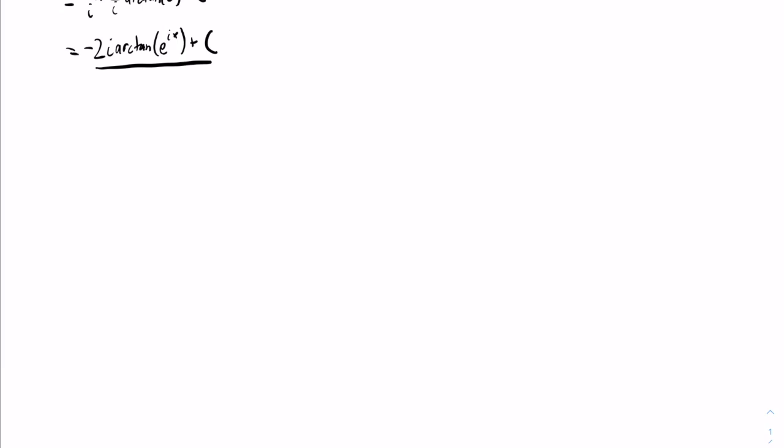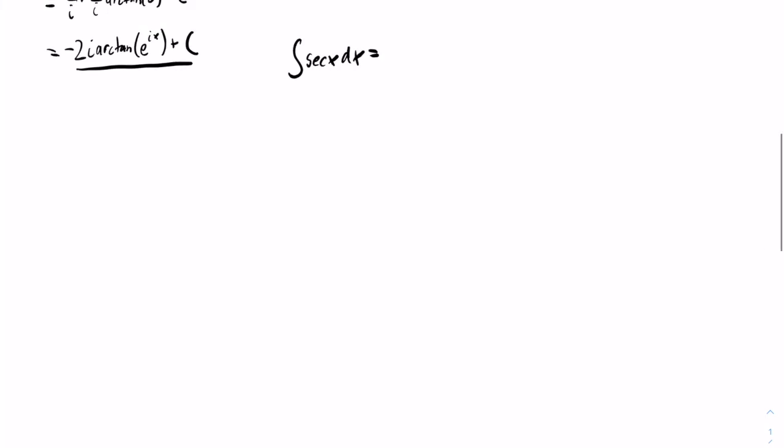And what you might be thinking is, well, didn't we have from earlier that the integral of secant of x dx equals the natural log of the absolute value of secant of x plus tangent of x plus c? And you might say, well, these two expressions are not equivalent at all.